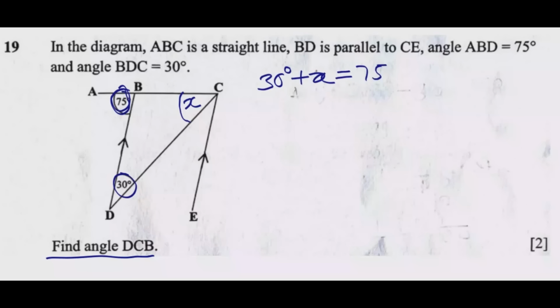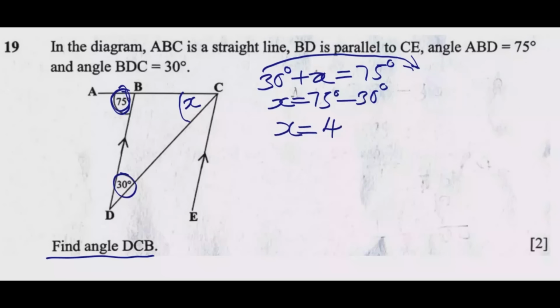So when we put like terms together, we have x is equal to 75 degrees minus 30 degrees, which will give us x is equal to 75 minus 30, which is 45 degrees as an answer.